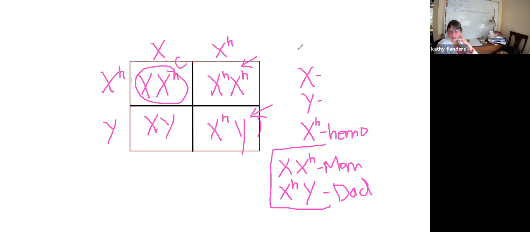Okay, so when I say X-linked, the first thing you have to do is determine your alleles and then make sure that you attach the abnormal allele to an X chromosome. It's going to be wrong if you don't.